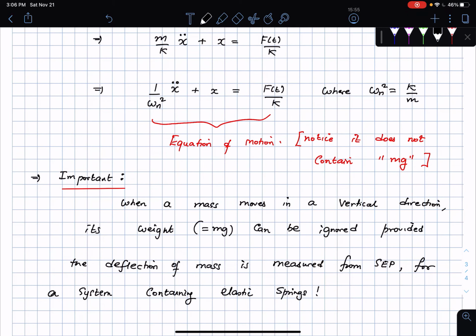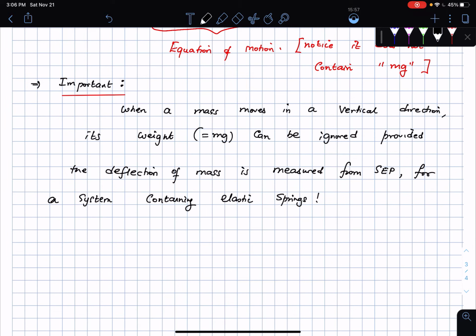So the basic story is, if I start the problem from SEP for a vertical mass system, I can ignore the weight of the mass.